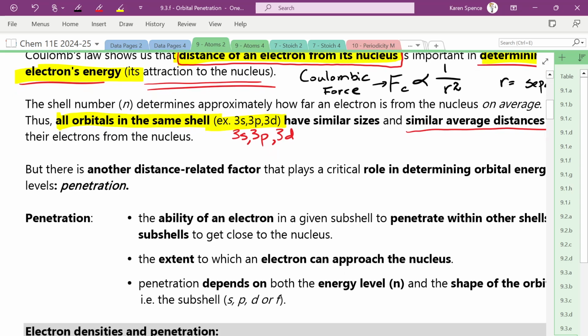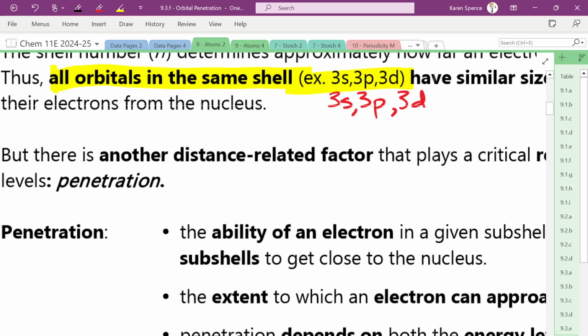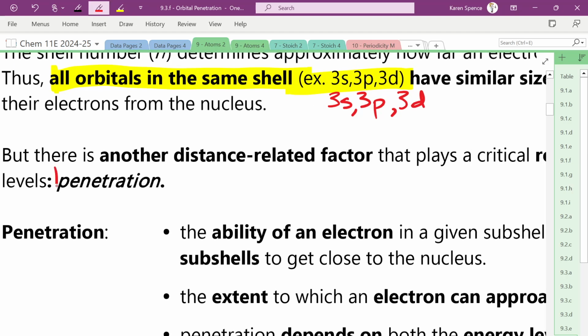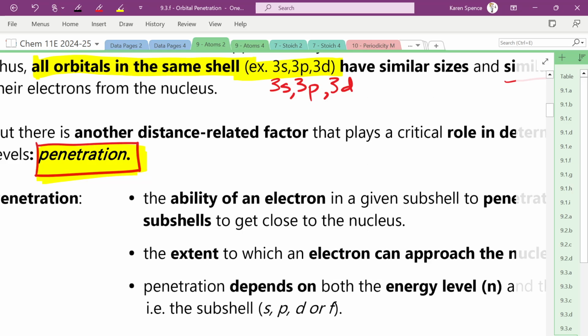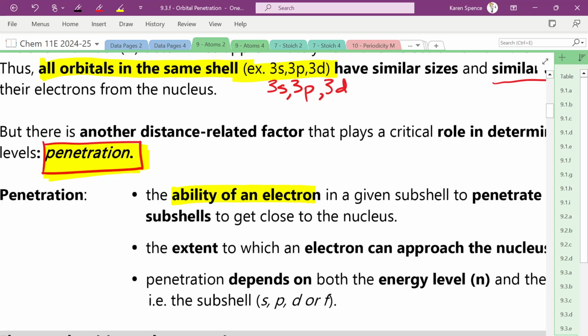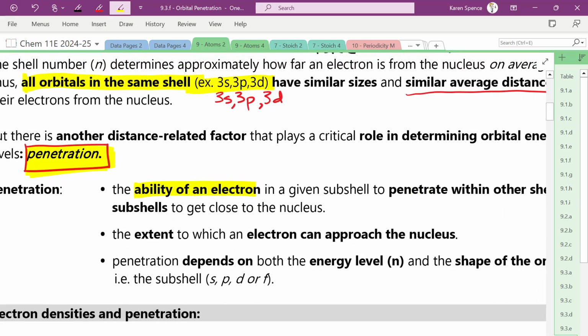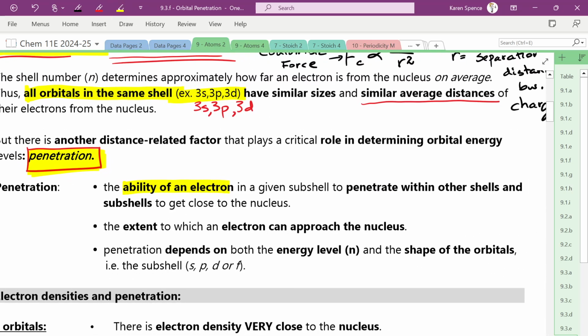This other distance-related factor is known as, unfortunately named, penetration, which means, moving right along past that word, it is the ability of an electron to penetrate within other shells and subshells to get close to the nucleus. So you remember how they were all overlapping?